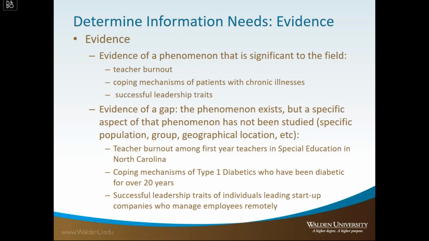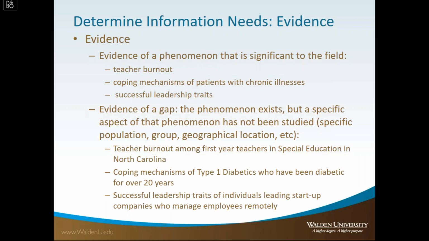They're going to need to do research on first-year teachers and special education, and then see if they can find any research that's been done on perhaps teachers in North Carolina, first-year teachers in North Carolina, special education teachers in North Carolina, to get that background research that's going to give them the evidence and justification for why their study needs to be done.